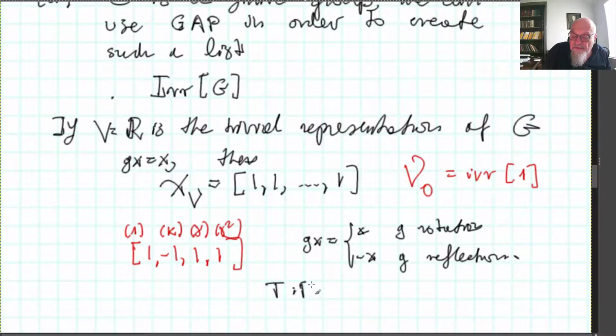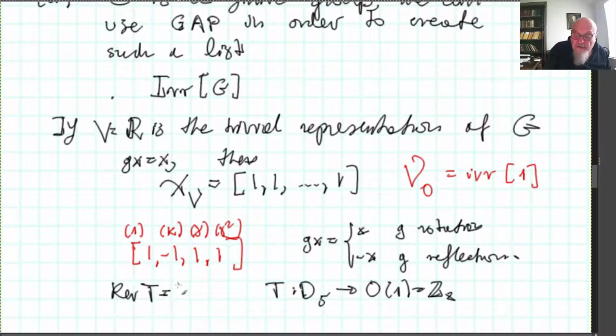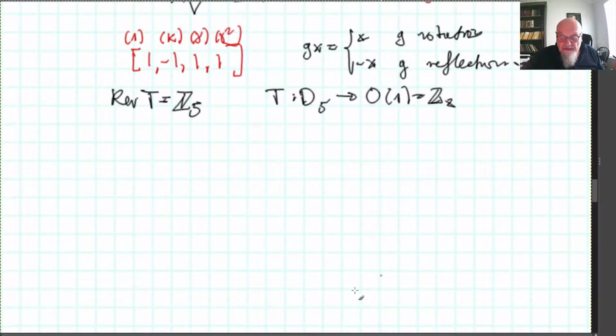That means T goes from D5 to O1, which is Z2. So we are getting here that the kernel of T is exactly equal to Z5. So that's this representation.